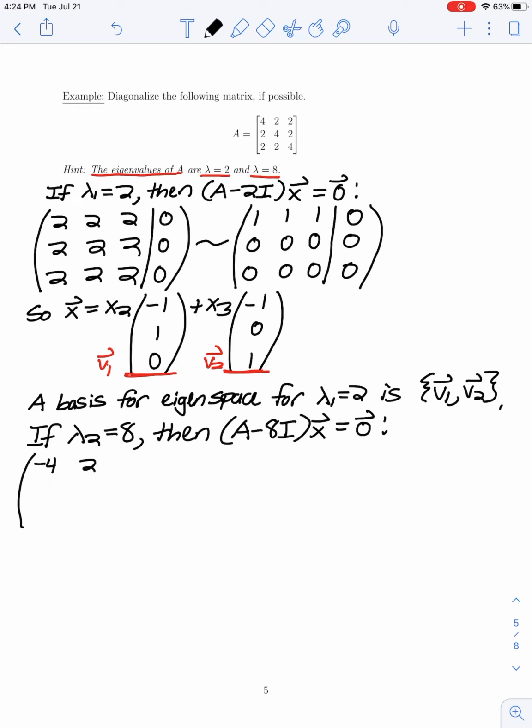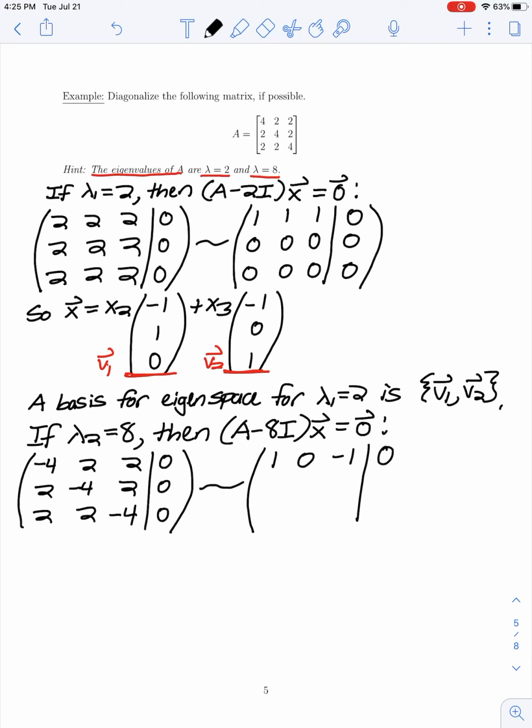So we have -4, 2, 2, 2, -4, 2, and 2, 2, -4, which we are augmenting with the 0 vector. For simplicity, we won't show all the details of the row reduction, but this matrix is row equivalent to the matrix 1, 0, -1, 0, 0, 1, -1, 0, and 0, 0, 0, 0.